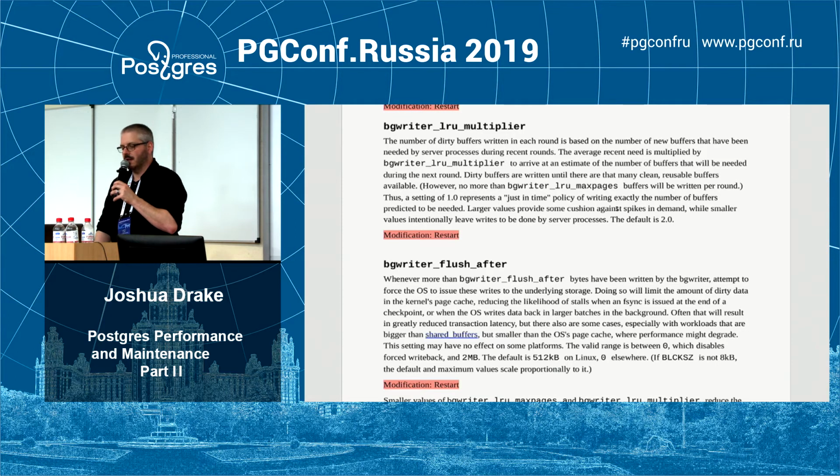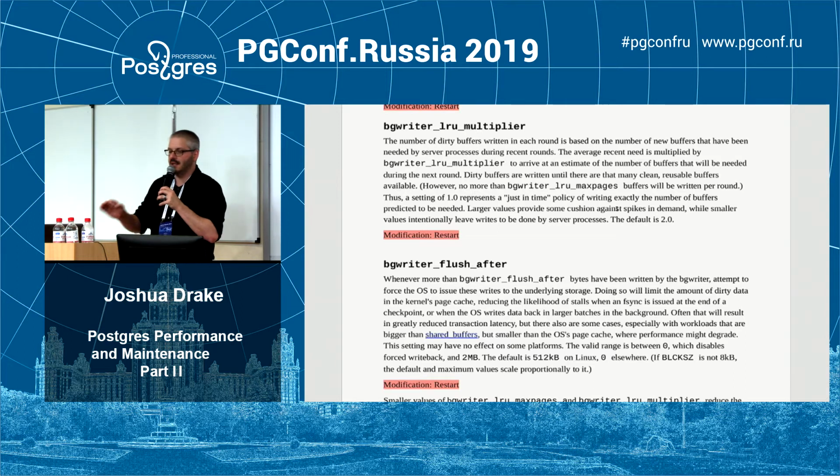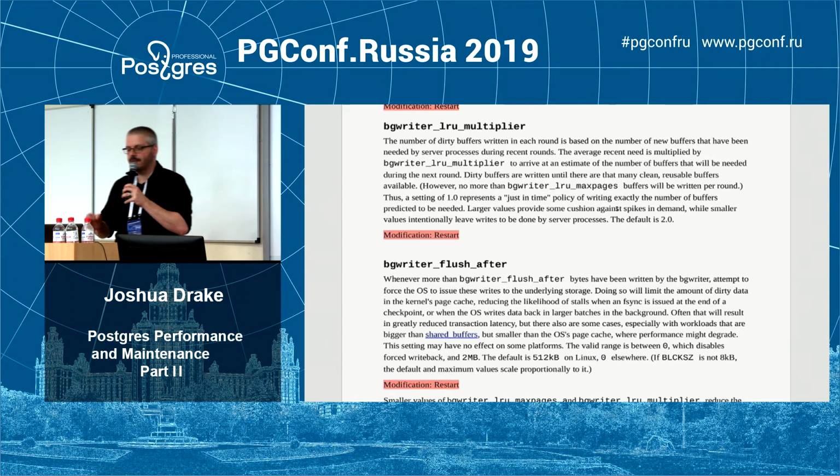Dirty buffers are written until there are that many clean, reusable buffers available. However, no more than BGWriter LRU max pages buffers will be written per round. Thus, a setting of 1 represents a just-in-time policy of writing exactly the number of buffers predicted to be needed. Larger values provide some cushion against spikes in demand, while smaller values intentionally leave writes to be done by the server processes. The default is 2.